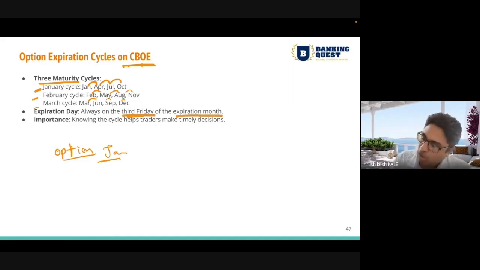That's compulsory, on every third Friday, whatsoever it will be. So if the third Friday is on the 20th, then the option will expire on the 20th.